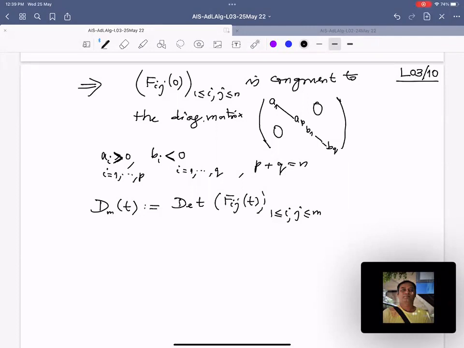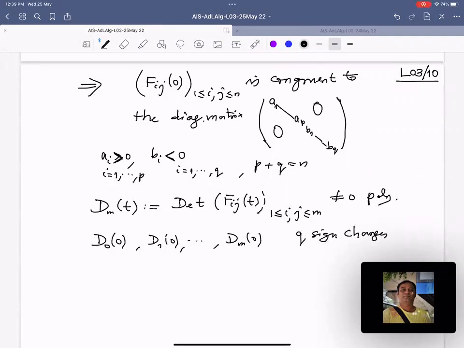These are non-zero polynomials. And the sequence, when you evaluate at 0, D_0, D_1(0), etc., D_m(0), has Q sign changes. This is what we proved in the Hurwitz criterion.